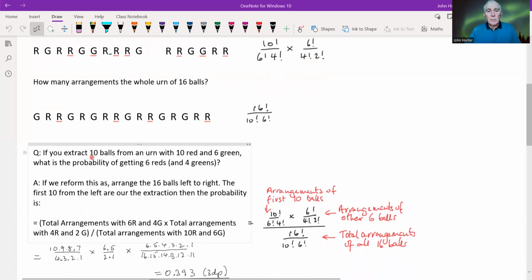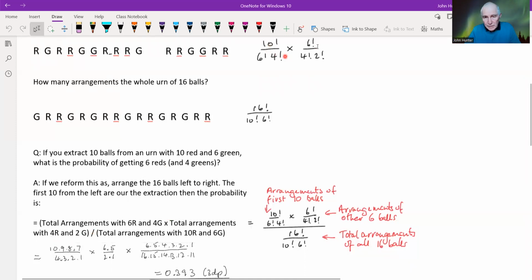So then the question that leads to, let's scroll up there: if you extract 10 balls from an urn with 10 red and 6 green, what's the probability of getting 6 reds and 4 greens? All right, so if we reform this as arrange the 16 balls left to right, the first 10 are our extraction, then the probability is equal to the total arrangements with 6 red and 4 greens, which of course is this, times the total arrangements with 4 reds and 2 greens.